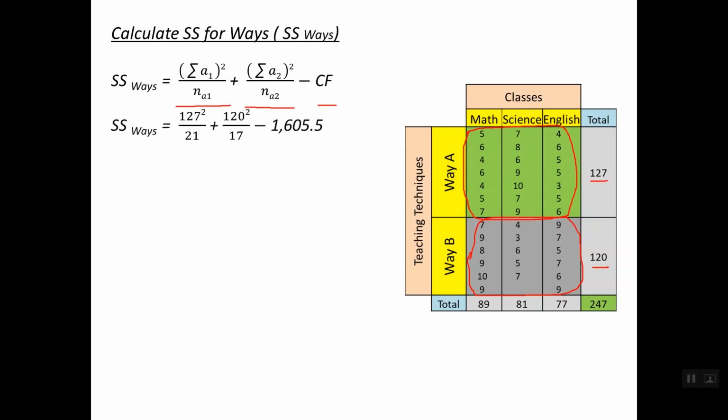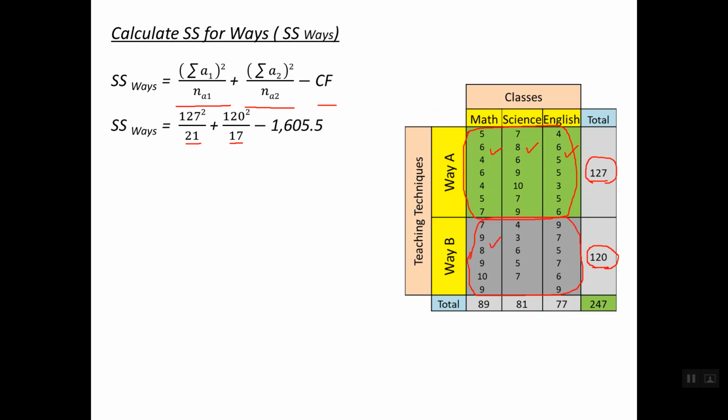So the summation of A1, as you noticed in the table, is 127. We square this number, and for the number of observations, in this group we have 7, in the science group we have 7, and in the English group we have 7, so the total is 21. For the second level, way B, the total of the scores is 120. So we square this value, divided by 17.